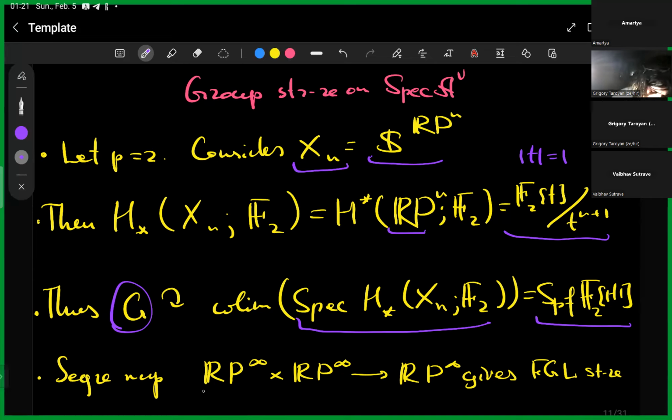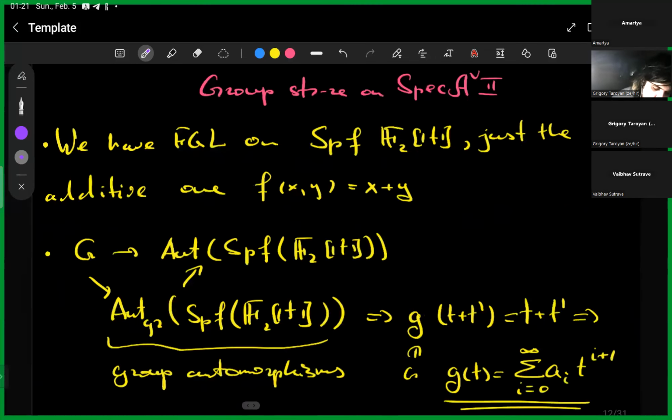Now, the Segre map, which we use to define the tensor product of vector bundles, or with line bundles to be precise, gives a formal group law structure on cohomology of RP infinity, which means that we have a structure of a formal group on the formal spectrum of the ring of power series.